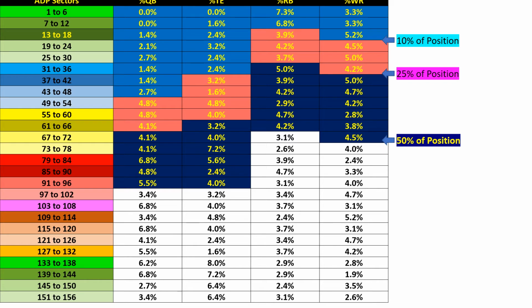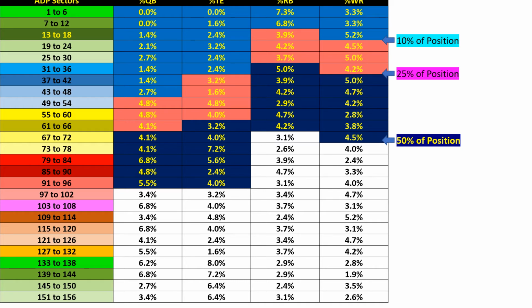That is the percent of quarterback, percent of tight end, percent of running back, percent of wide receiver, and that is the total percent in that sector.